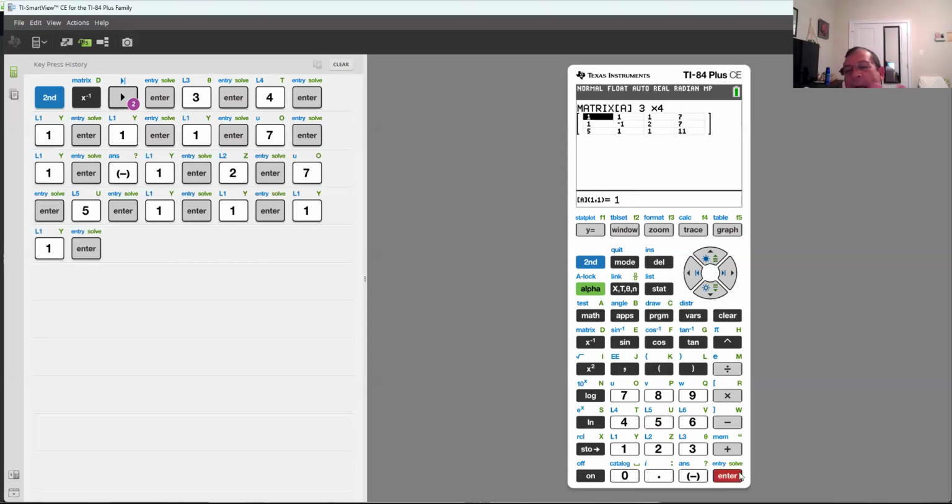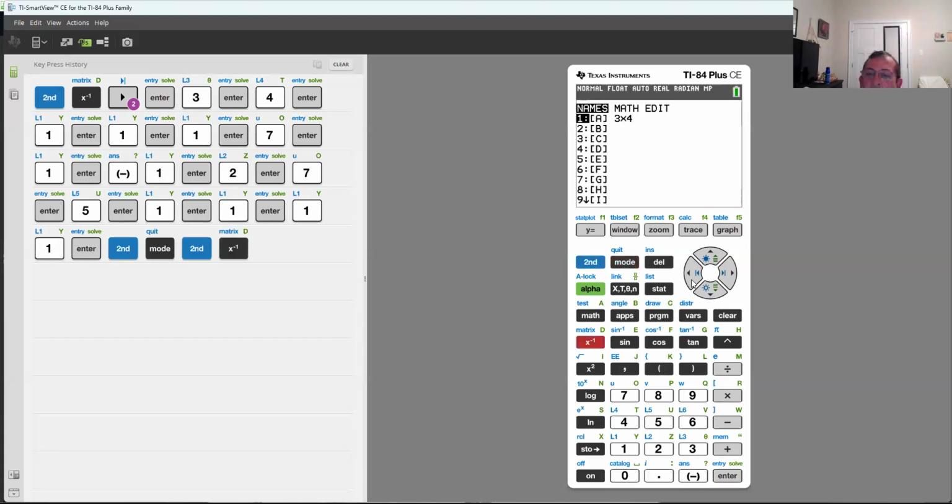All right, so remember, once we got the matrix all put in, we hit second mode to quit. Now is where we had to go back in and get the math operation. So we hit second, x negative 1, and we go to the math and highlight that. And then we're going to arrow down until we find R, R, E, F, and hit enter.